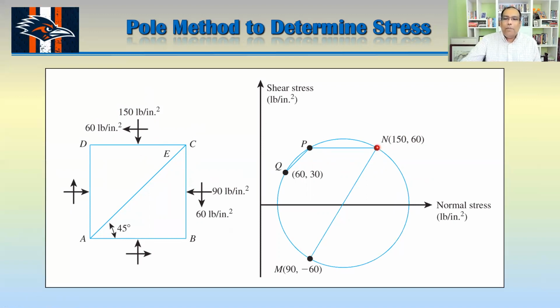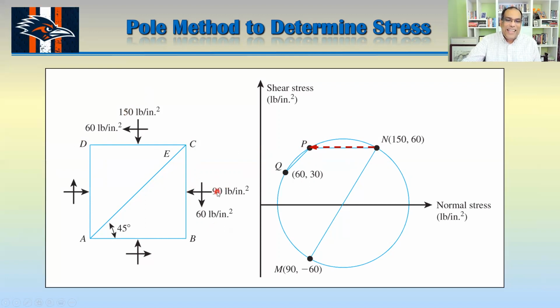Now what I have to do, since I chose DC, once I get that point, I draw a line from that point which is parallel to DC. This line intersects the circle at P, so this is your pole. Now you can say, hey, I want to do that from here.